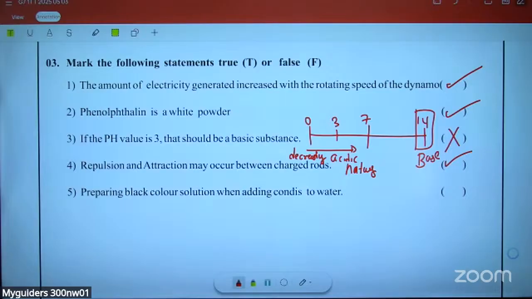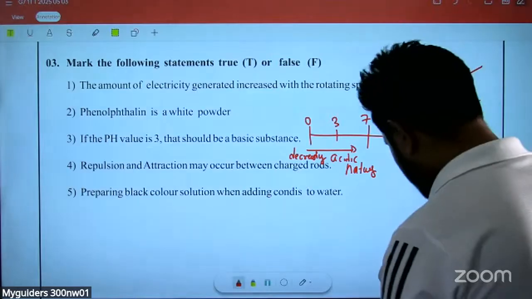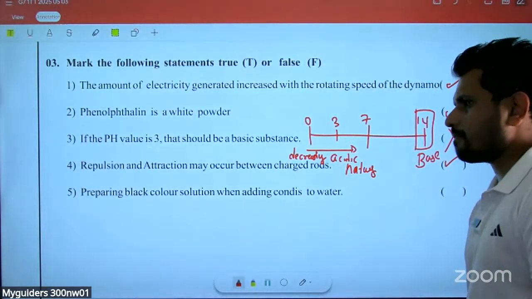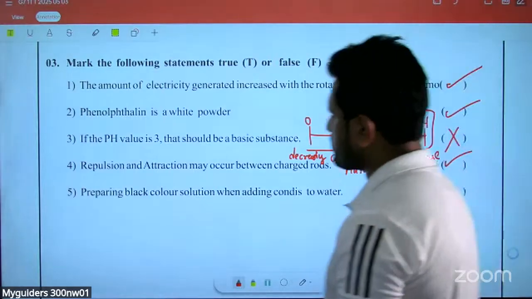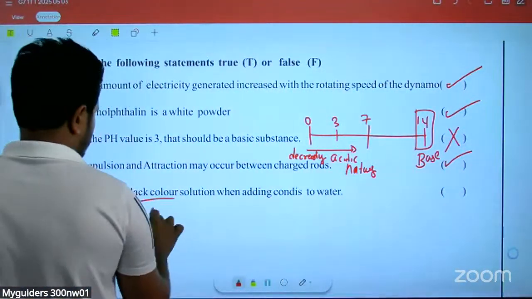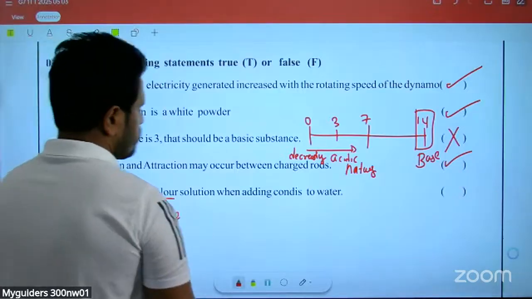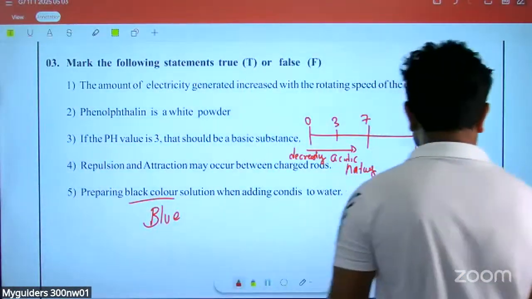Condensed crystals mean copper sulfate crystals. But once you dissolve this in water, normally it's not a black colored solution. This will result in a blue colored solution. Black නෙමෙයි. So therefore this is also wrong.